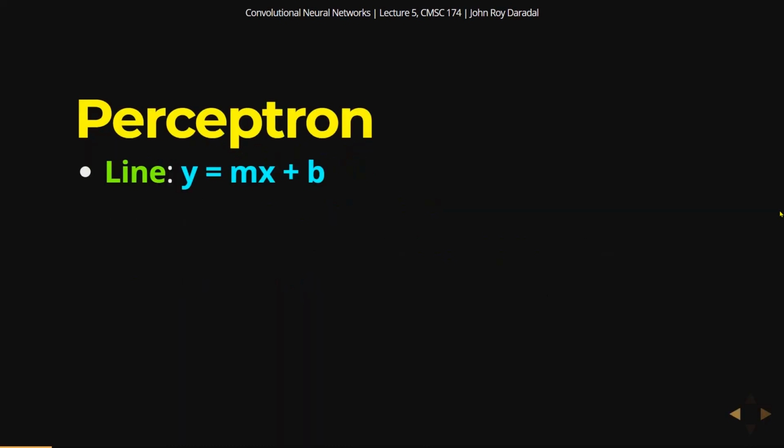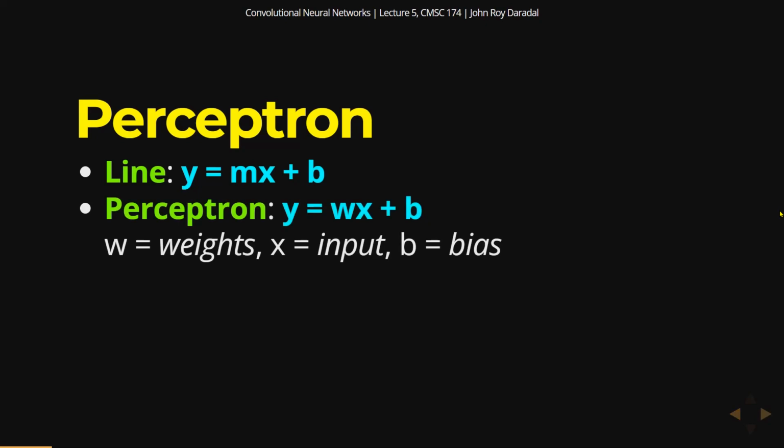So if the line's formula is y is equal to mx plus b, the perceptron has a similar formula, which is y is equal to wx plus b, where w is the set of weights, x is the input, and b is the bias term. And then y, of course, is the output that you produce. Okay.